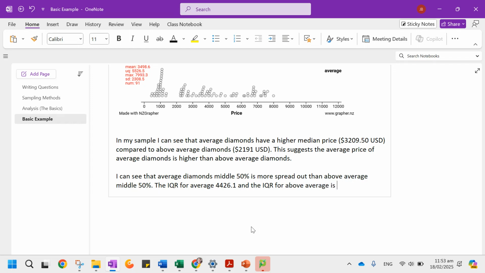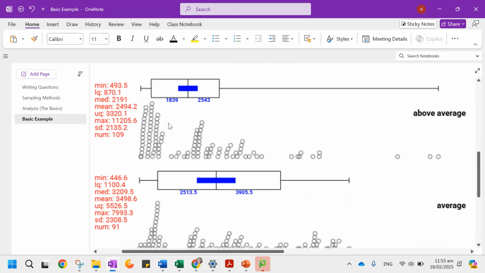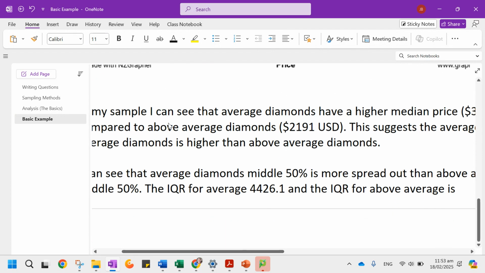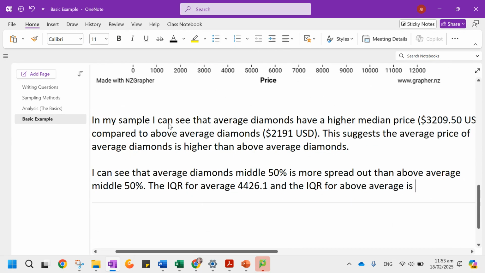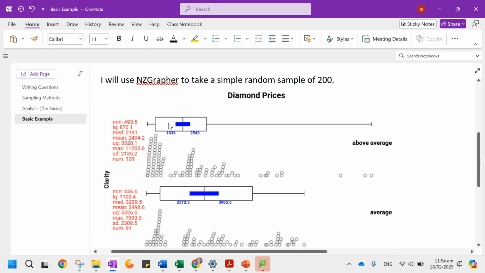Okay, and the IQR for above average is 3320.1, take away 870.1. Did you get it? So it was 3320.1, take away 870.1.